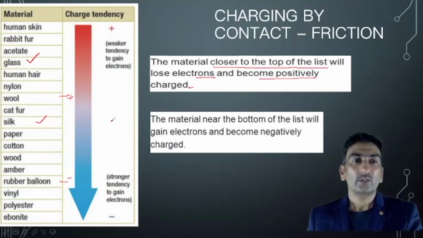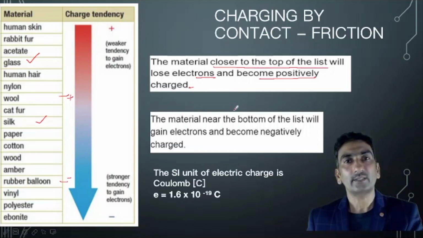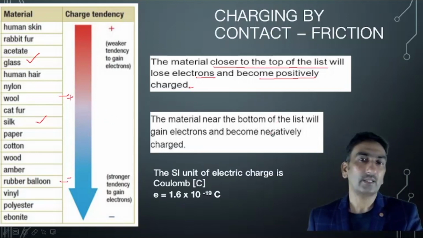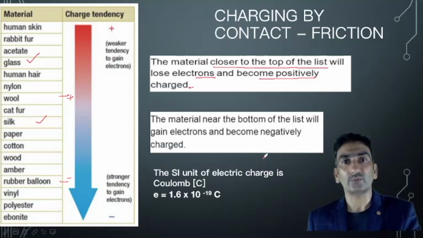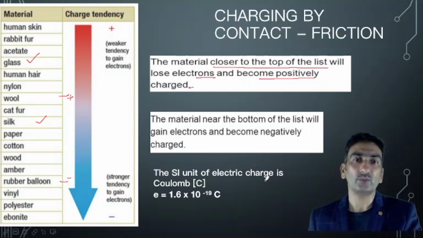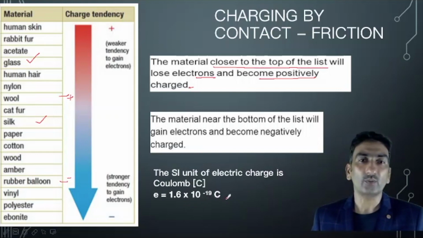All right. So when the objects get charged, we can find the forces between these charged bodies, whether they have an attractive force or a repulsive force. For that, we have to use these two things here. The SI unit of electric charge is the Coulomb, and the charge on one electron we always take as 1.6 times 10 to the power negative 19 Coulomb.